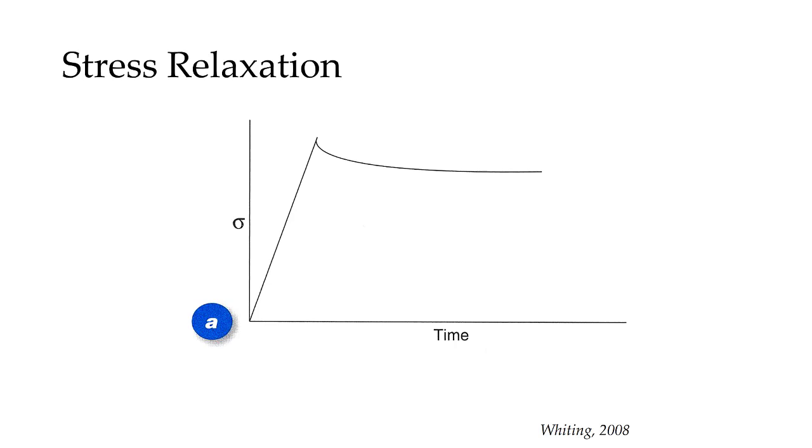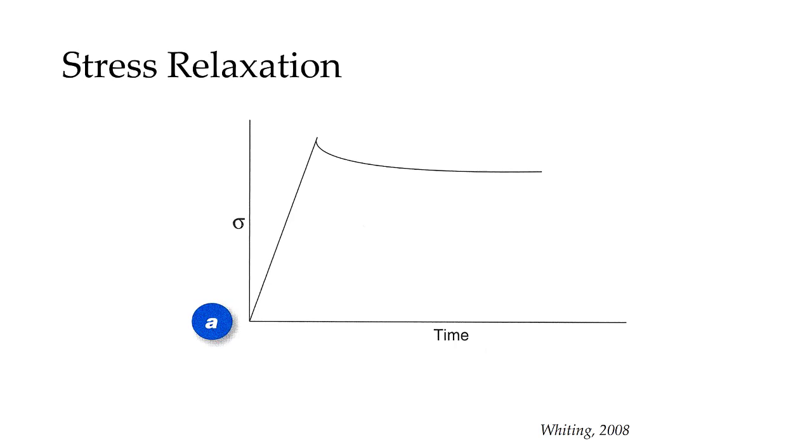If we had a perfectly elastic material and we were to put a certain strain on it and just hold it there, and we were to measure the amount of stress, say we had some sort of force transducers on either side of that material, we'd come back and we'd find that the stresses would be the same whether we came back in 5 minutes, 10 minutes, 5 hours, or 10 hours. But the fact that we have a viscoelastic material means that that stress is not going to remain constant with a constant strain.